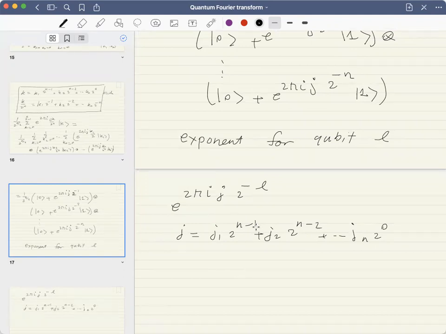So those terms don't matter. The only terms that matter are when I get j divided by 2 or divided by 4, when that order is less than the j to the L. That tells me that e to the 2 pi i j 2 to the minus L is equal to e to the 2 pi i 0.